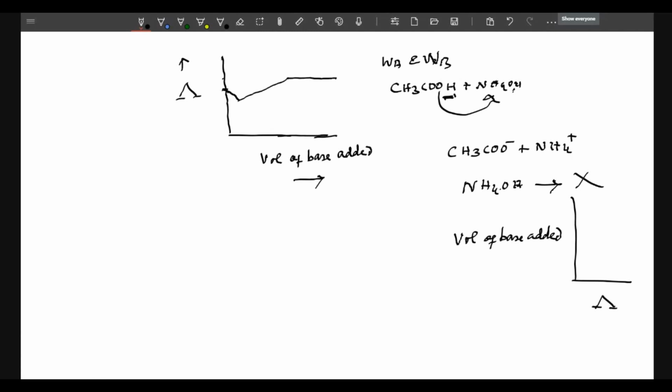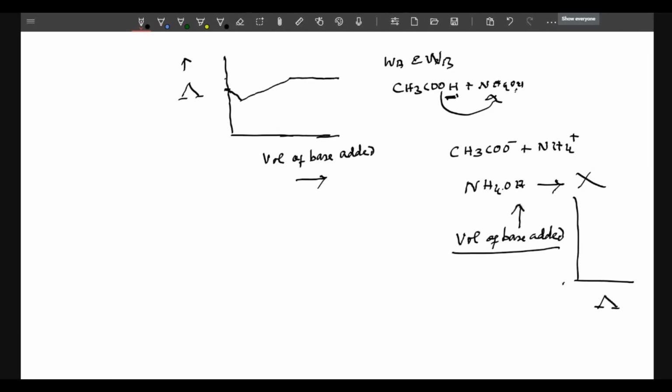The x-axis had the volume of base added and the y-axis the conductivity, and they want the volume of base added on the y-axis and the conductivity on the x-axis. What would be the nature of the curve? I think so far this type of problem is not asked. If at all asked, how to give this? It's just inverting the axes.